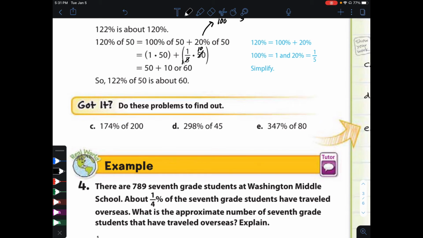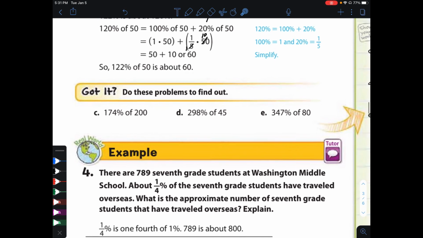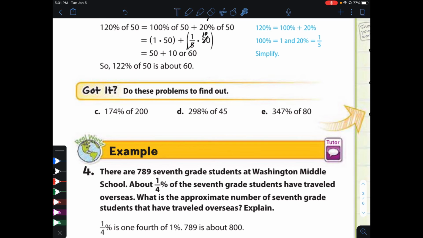What is the approximate number of 7th grade students that have traveled overseas? And we need to explain. Okay, so let's look at 1/4%. 1/4%, okay, is basically 1/4 of 1. So when you talk about 1/4%, it is 1/4 of 1%.